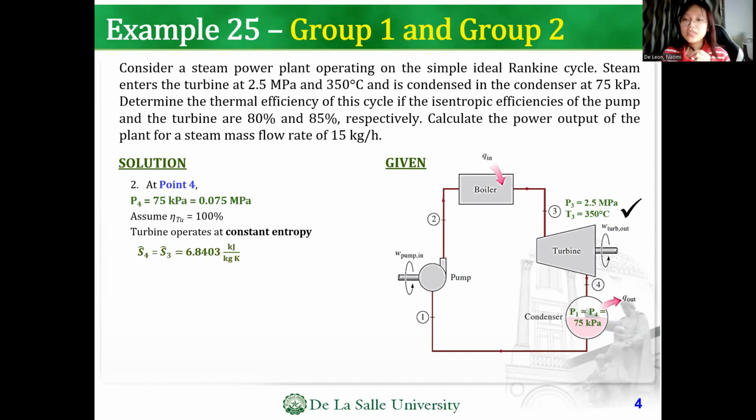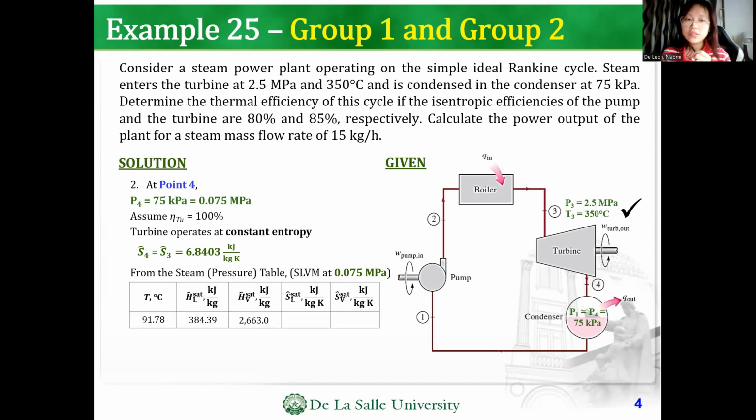As such, the specific entropy at point 4 is equal to the specific entropy at point 3, which is 6.8403 kilojoule per kilogram Kelvin. Based on the steam pressure table, steam is a saturated liquid-vapor mixture at 0.075 megapascal. And here are the necessary parameters.